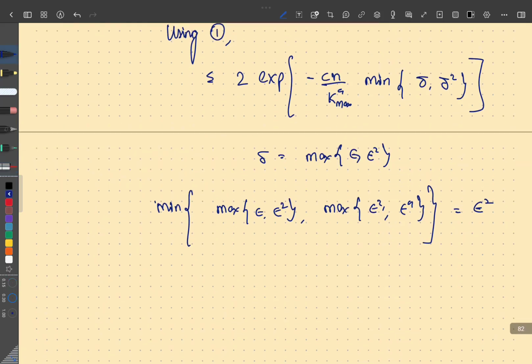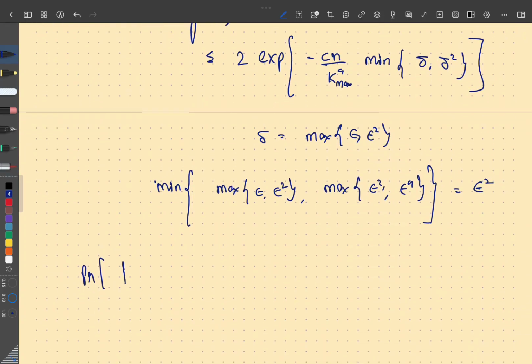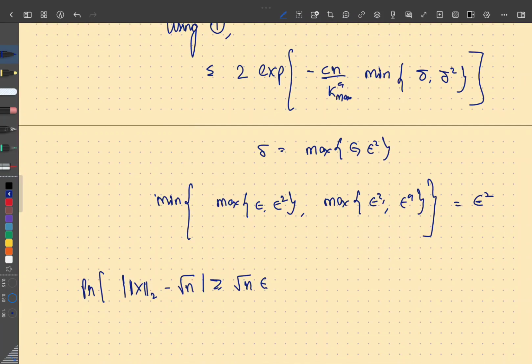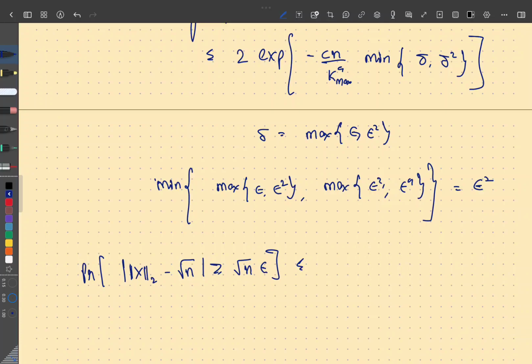Alright? Just substituting this, I get probability that L2 norm of x minus square root of n greater than or equal to square root n times epsilon is less than or equal to 2 times e to the power minus constant times n epsilon square divided by k max to the power 4.